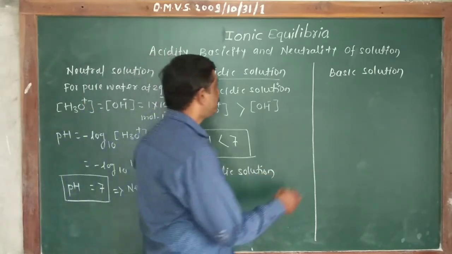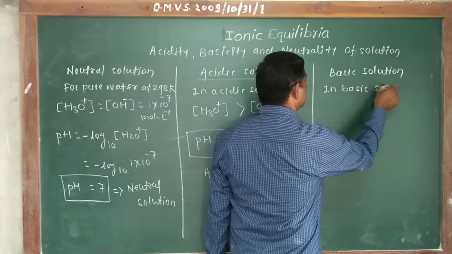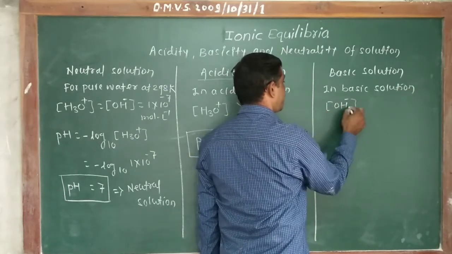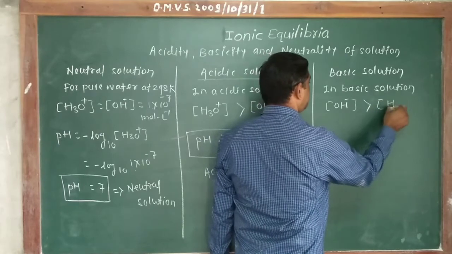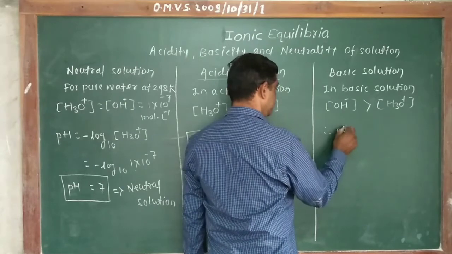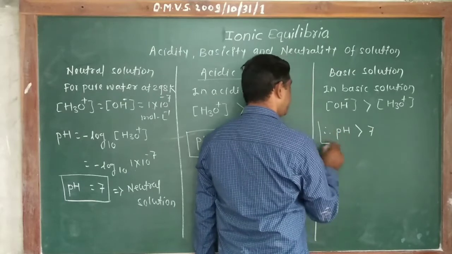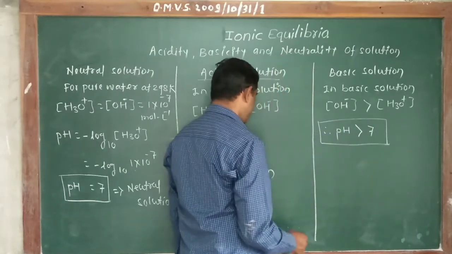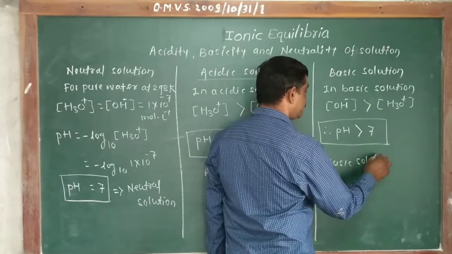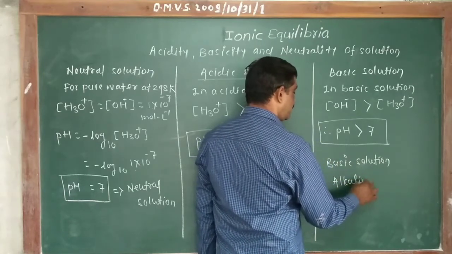Okay, and last one, for a basic solution, we also know that in a basic solution the concentration of OH- ions is larger than the concentration of H3O+ ions, and therefore the pH of the solution is greater than 7. And if the pH of the solution is greater than 7, then we say it is the basic solution, or the nature of the solution is alkaline.